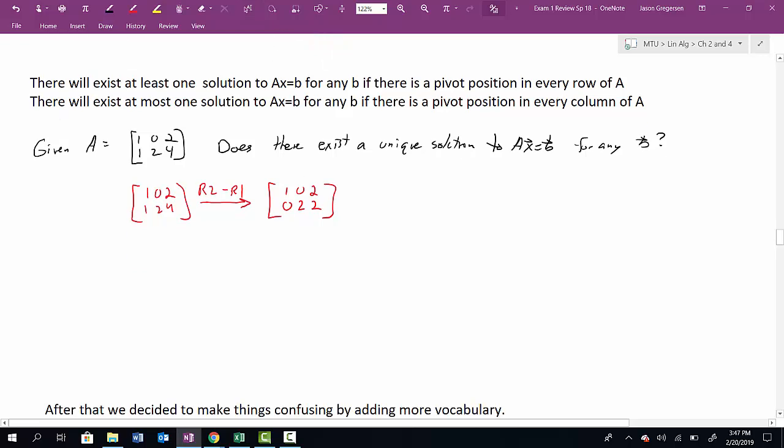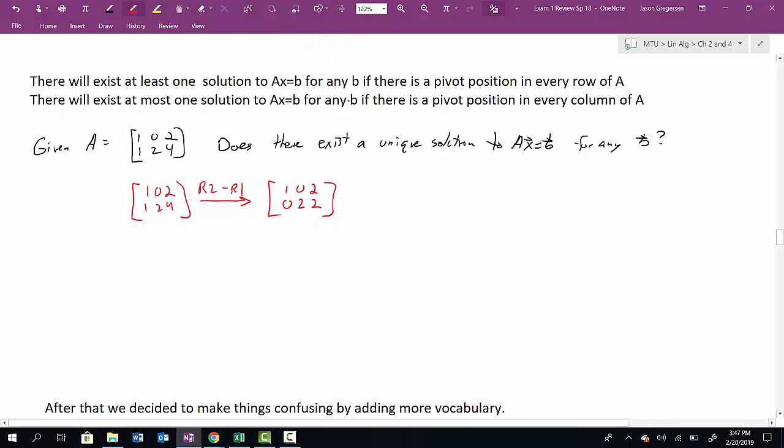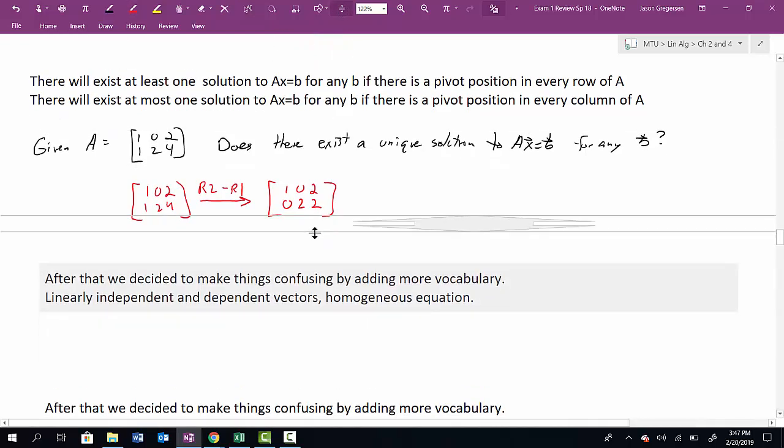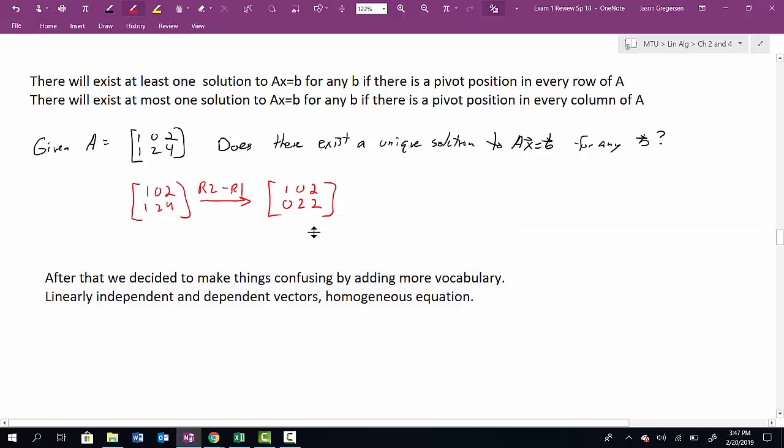All right, and then along the way, we added some more vocab. Linearly dependent and independent vectors, and homogeneous equations. We had a homogeneous vector equation which looked like this: C1V1 plus C2V2 plus C3V3 equals 0. The right-hand side was 0. And we used that equation to define linearly independent.